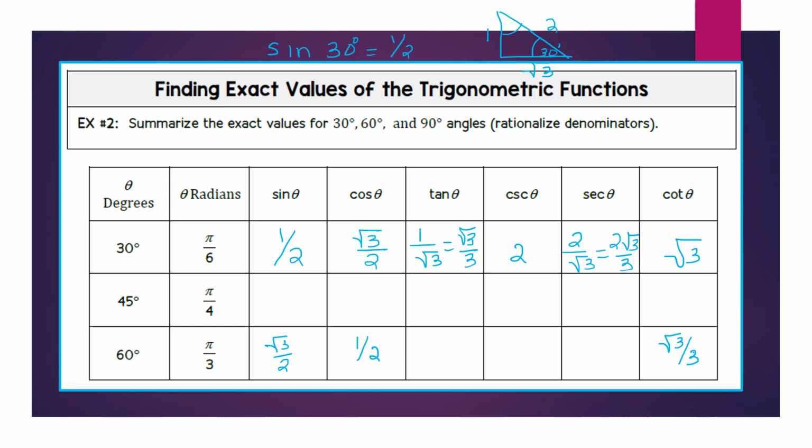If we've got cosecant of 30, that should be the same as secant of 60. I know secant of 30, so that's going to be the same as cosecant of 60, 2 root 3 over 3. If I've got cotangent of 30, that's equal to tangent of 60.